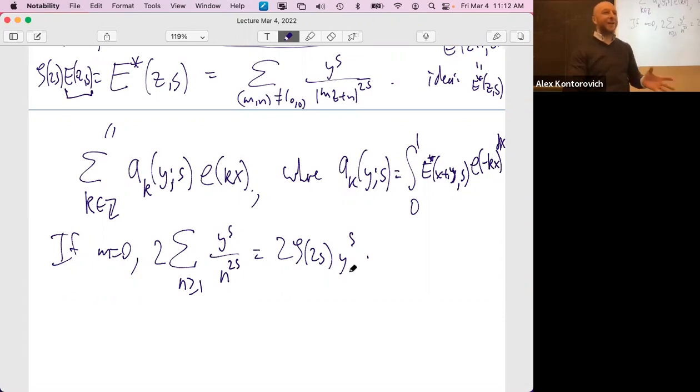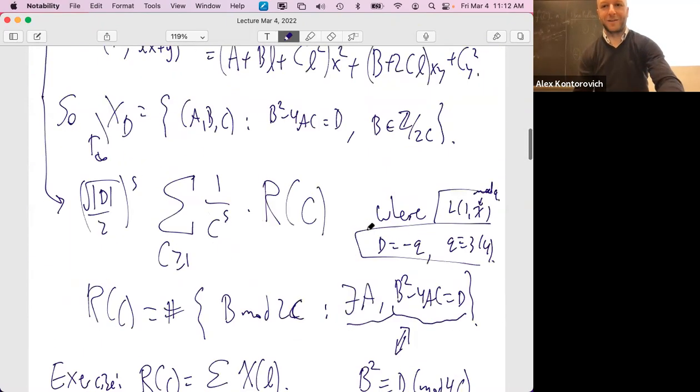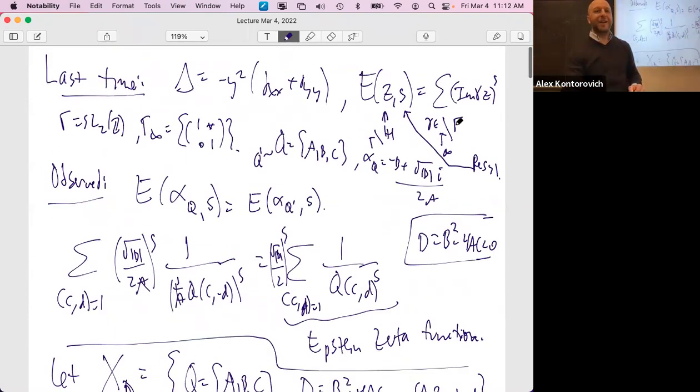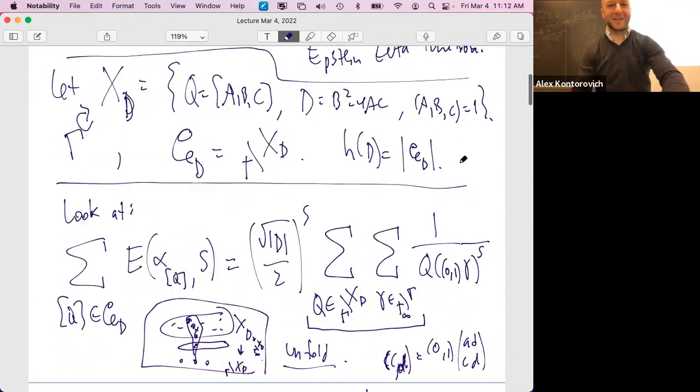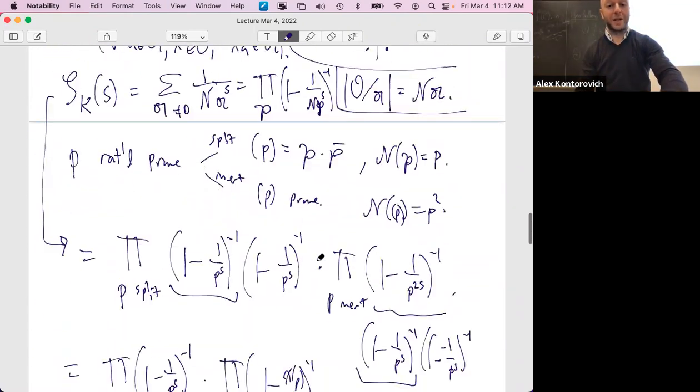What's the identity coset? It's just y to the s itself. When gamma is equal to the identity, I get y to the s. That's the contribution when m is equal to 0.